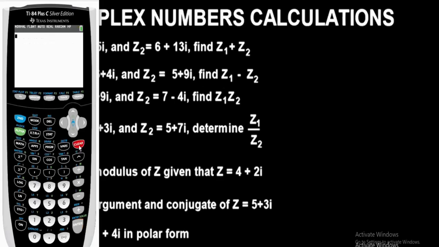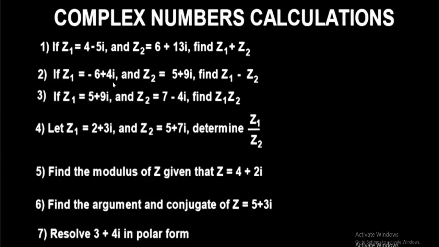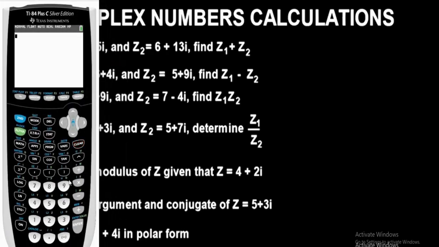Subtraction. Clear this. For subtraction, we have z1 to be this and z2 to be this. Find z1 minus z2. So minus 6 plus 4i is z1. In brackets, make use of this negative sign. Whenever you want to start an expression with a negative sign, always make use of this one here below.